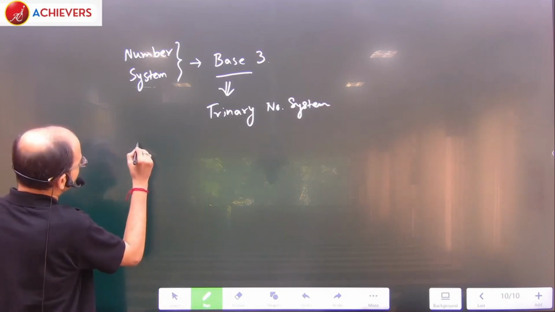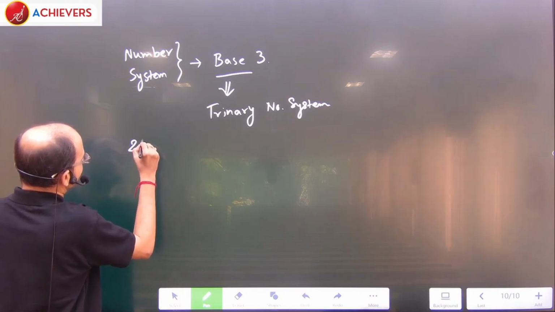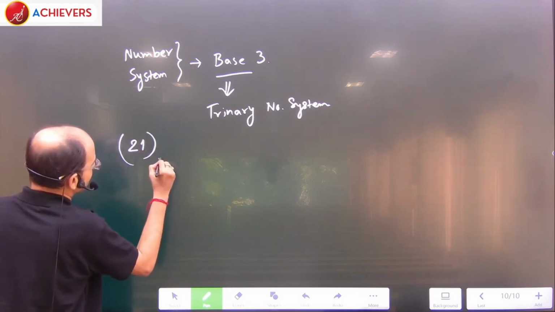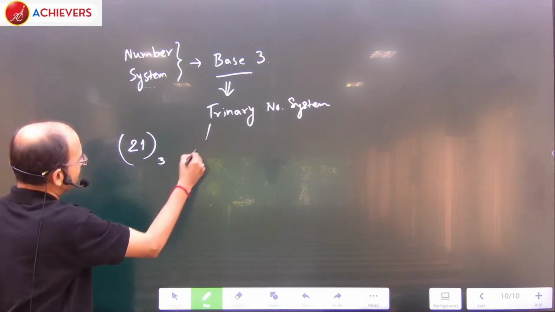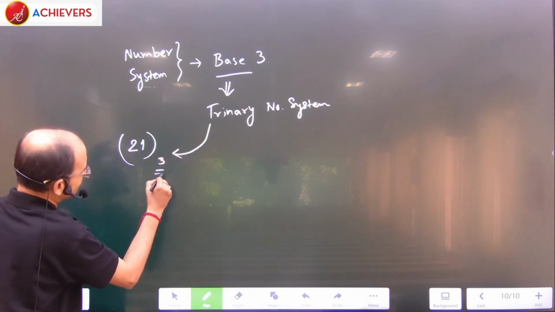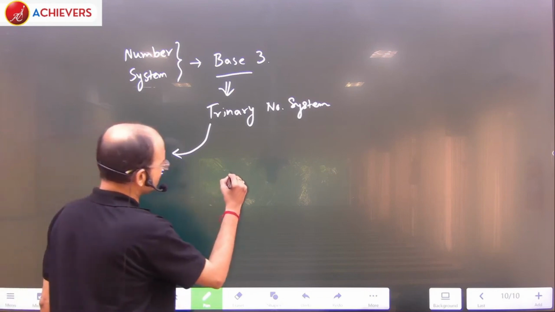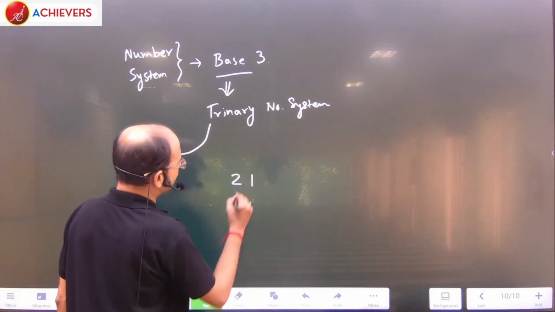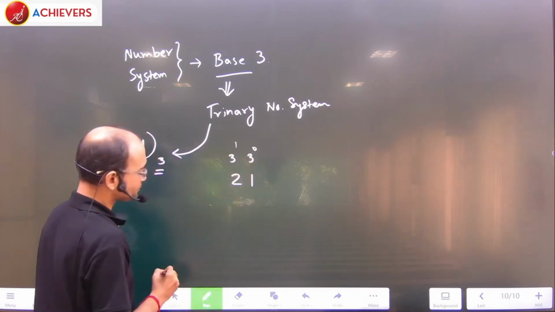So for example, if we have 21, the number system is 3. The trinary number system can be represented with the suffix 3. So what do we mean by 21 in the trinary number system? We can directly put 3 to the power 0 and 3 to the power 1 over here.